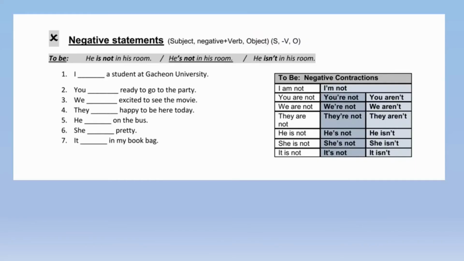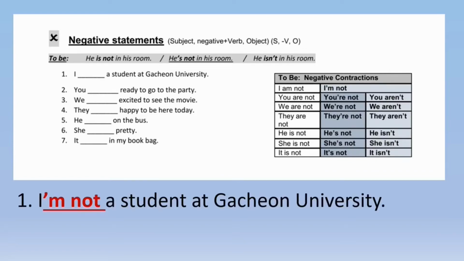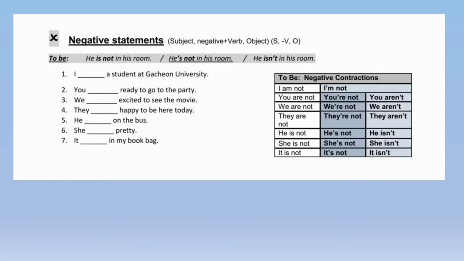Let's practice. Number 1. I, a student at Gachan University. I am not a student at Gachan University. Number 2. You, ready to go to the party.